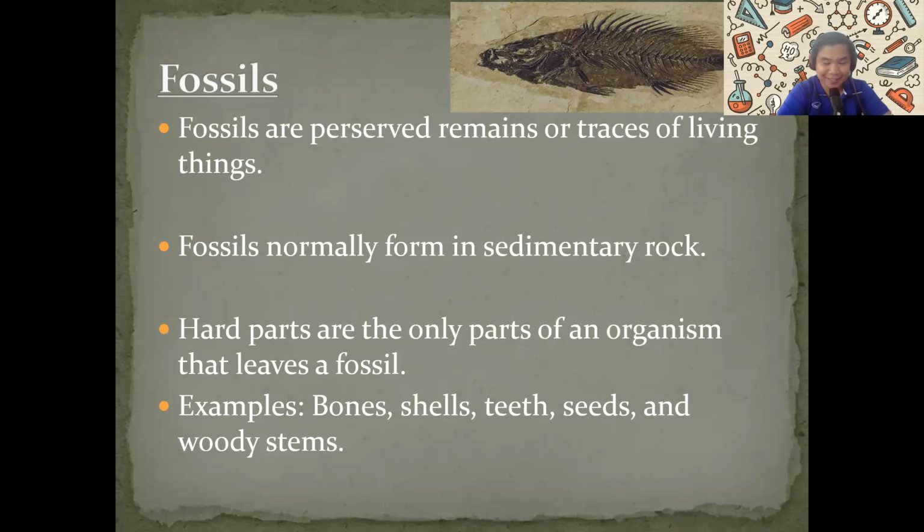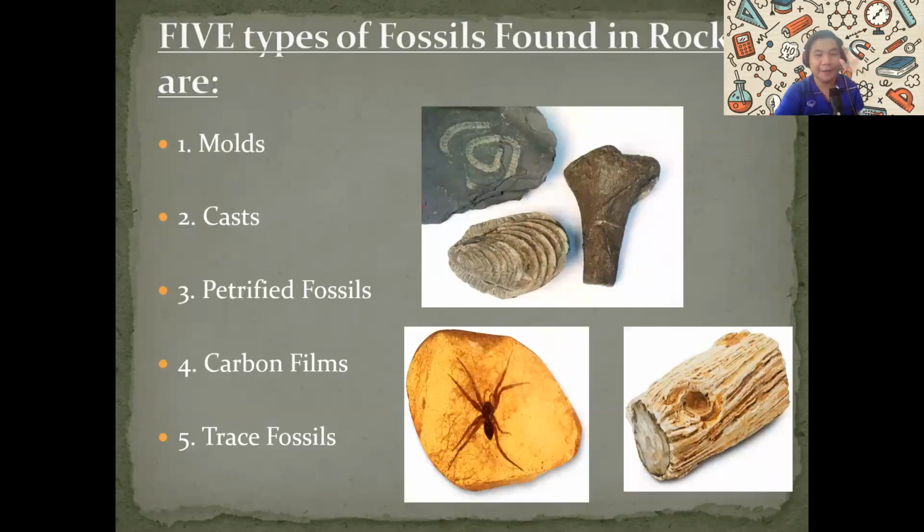That's right. Let's continue. There are 5 types of fossils found in rocks, and those are 1, the molds, 2, the cast, 3, the petrified fossil, 4, the carbon films, and 5, the trace fossils. Now, if you look at this spider inside a rock or a crystal, I think that is either a cast or a petrified fossil, because it completely surrounds a dead living thing.